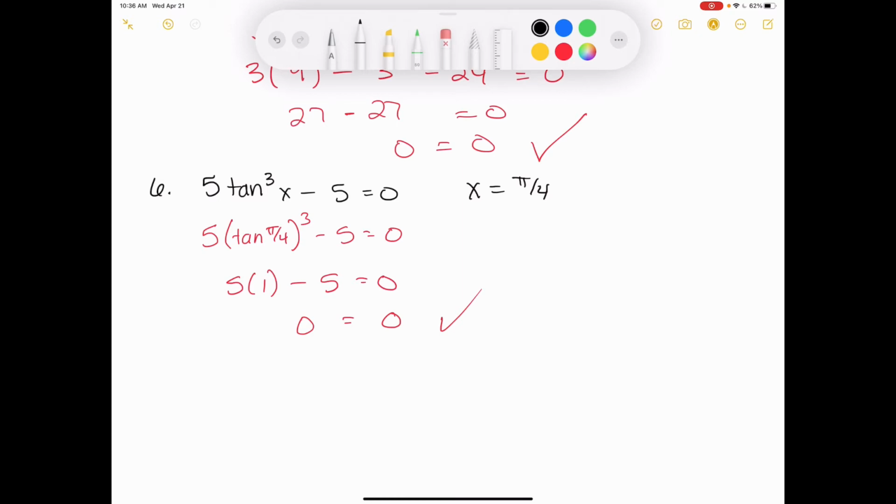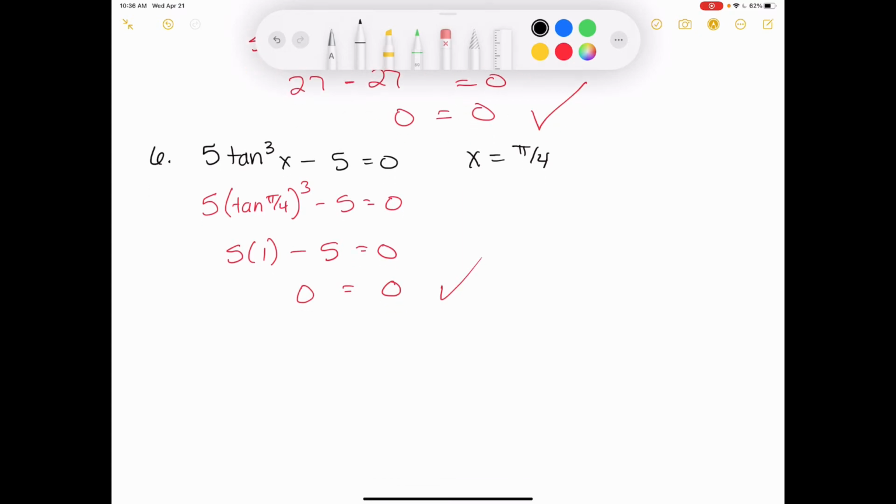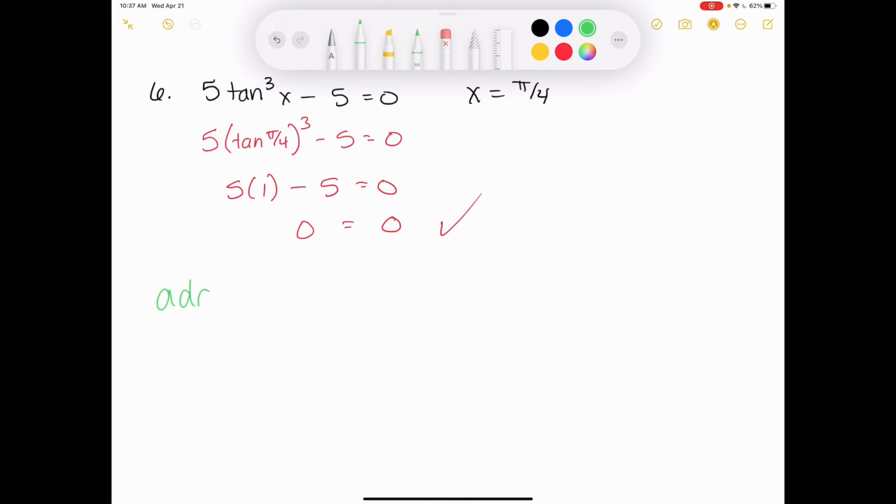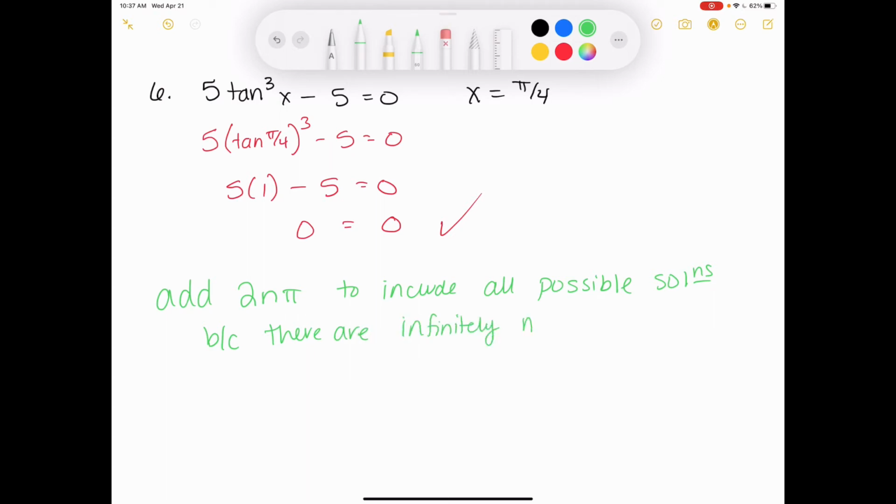So with a general solution, we are going to add 2 n pi to include all possible solutions, because in technicality there are infinitely many solutions. As there should be.